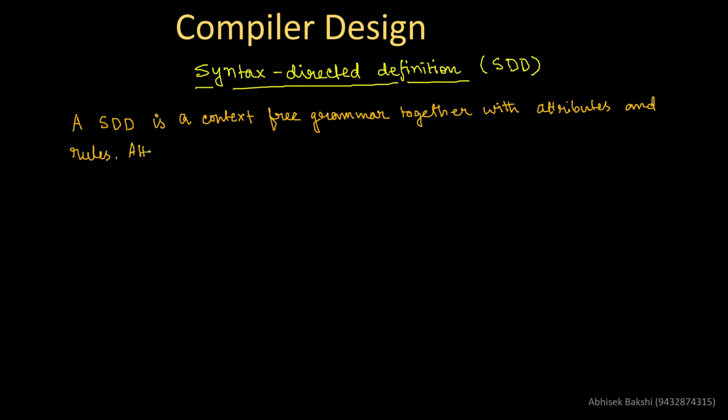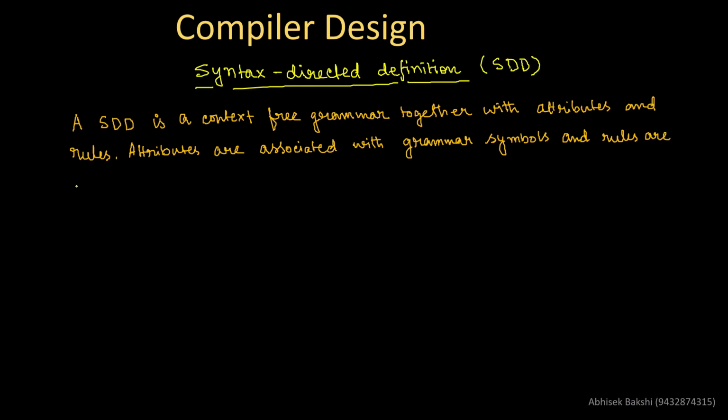Attributes are associated with grammar symbols and rules are associated with productions.